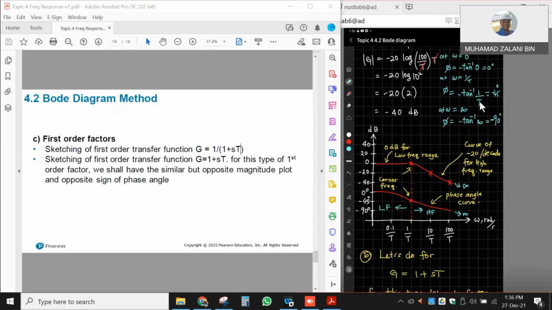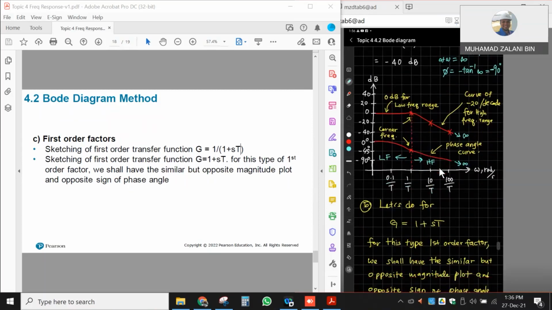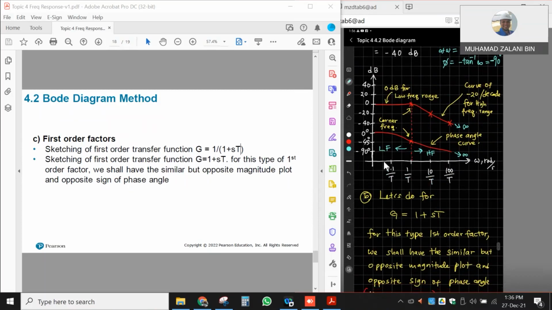Then when we get all of those magnitudes and phase angles, we can do the Bode plot. So we will do it like this, at 0.1 over t, 1 over t, 10 over t, and 100 over t of frequency. Then we plot one by one.